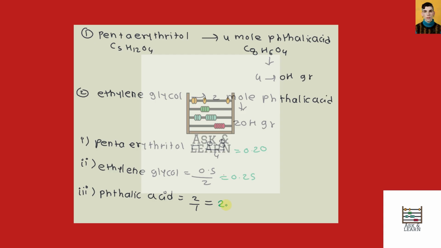Now here the smallest value is 0.20, so this is our limiting reactant, that is pentaerythritol is our limiting reactant.